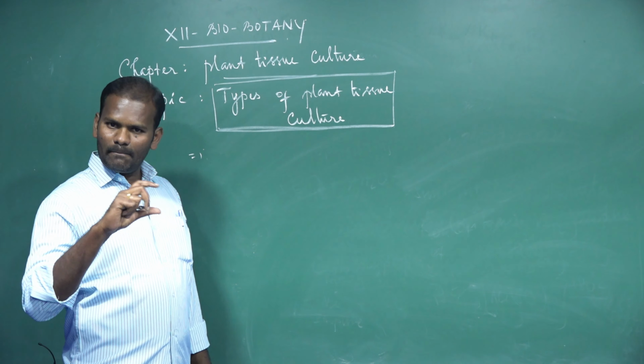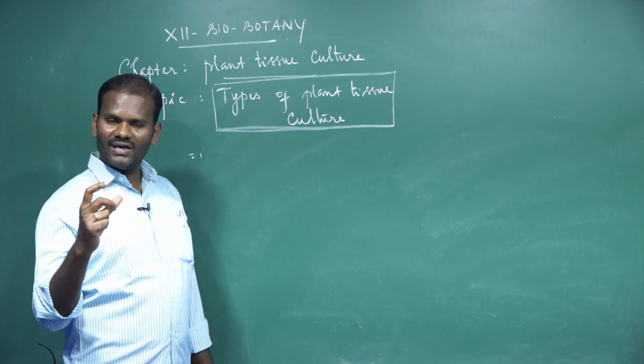Based on the explant, plant tissue culture may be classified into: one, organ culture; second, meristem culture; third, protoplast culture; and fourth, cell culture or cell suspension culture.